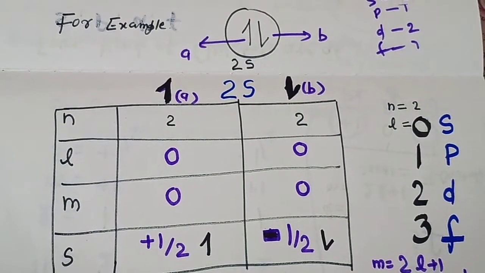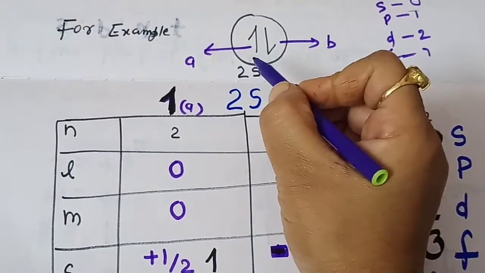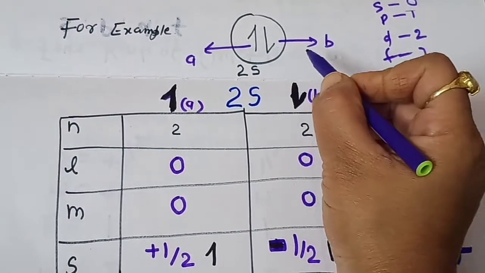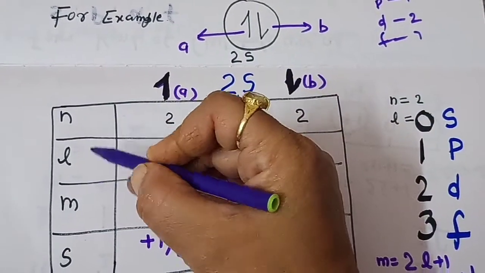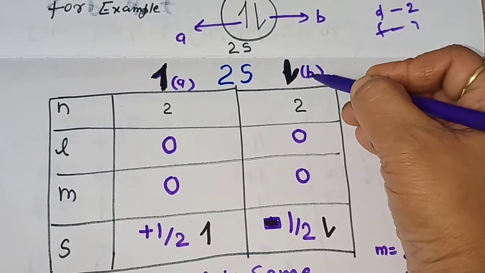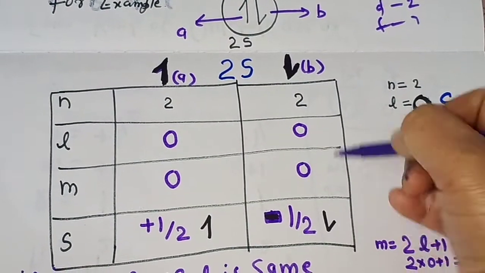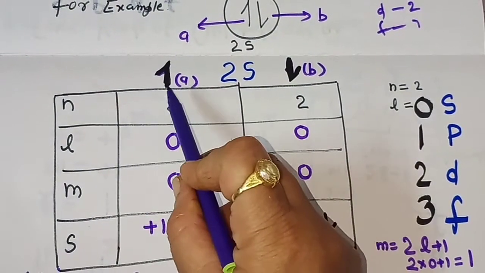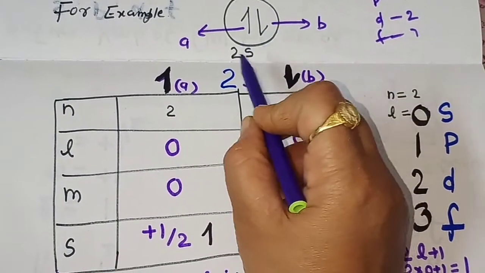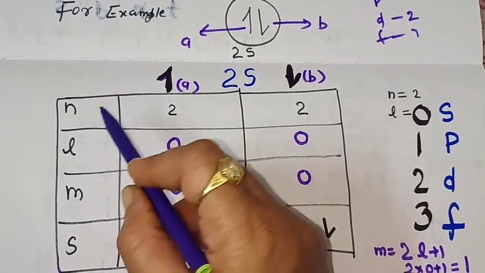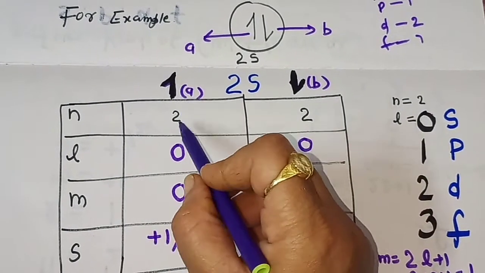Here you can see we have taken 2 electrons, electron A and electron B. For electron A we will write all 4 quantum numbers, and for electron B also. This electron is inside the 2s orbital only, so n will be 2.